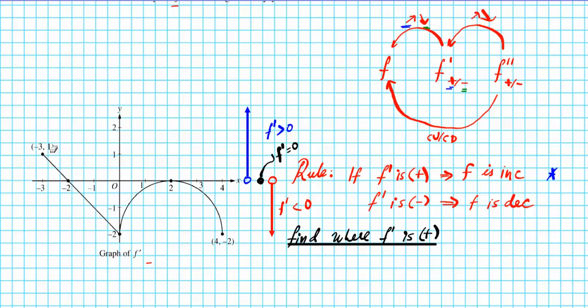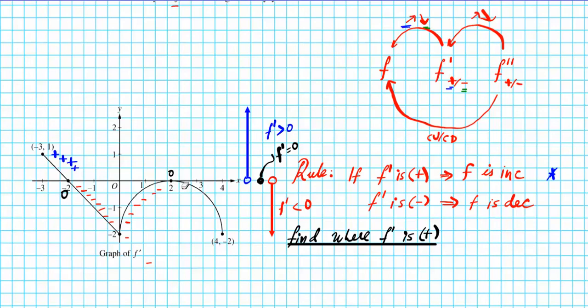So from -3 to -2, you can see that f prime is positive, positive, positive. And then at this point, it's 0. So the function is neither increasing nor decreasing there. And then on the remainder, you go negative, negative, all the way to 2. At that point, f prime is 0.